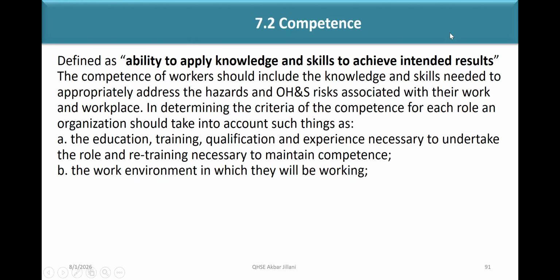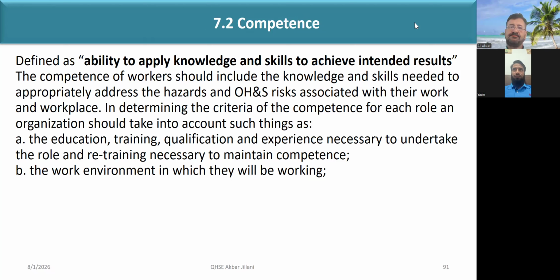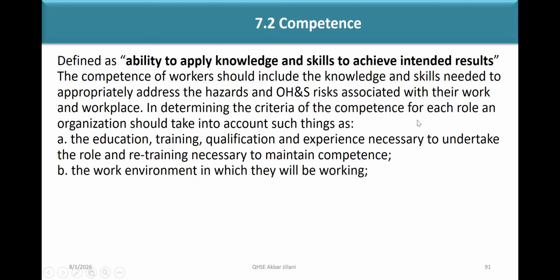So now we are coming here. Competence is defined as the ability to apply knowledge and skills to achieve intended results. The competence of workers should include the knowledge and skills needed to appropriately address the hazards and OHS risks associated with their work and workplace, and determining the criteria of competence for each role.